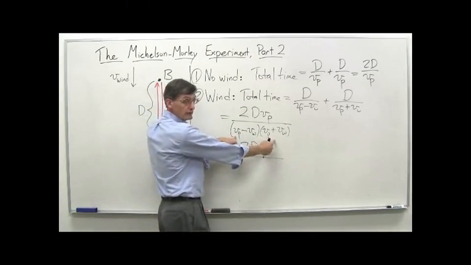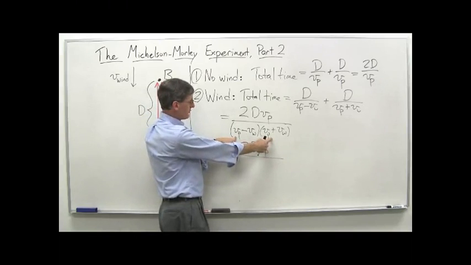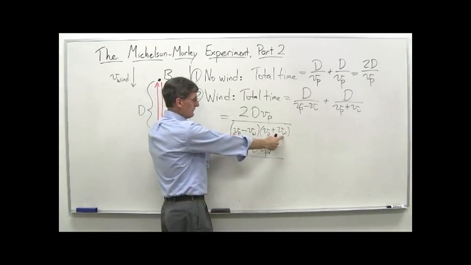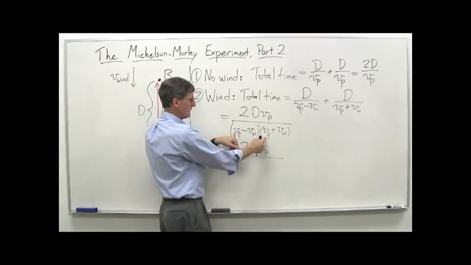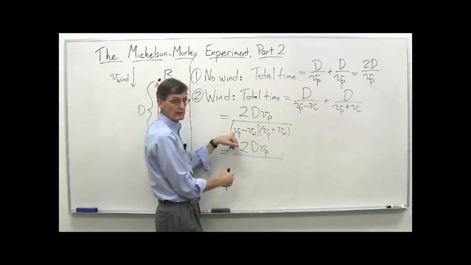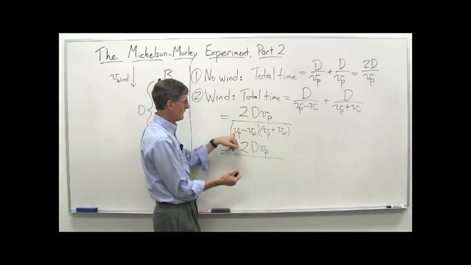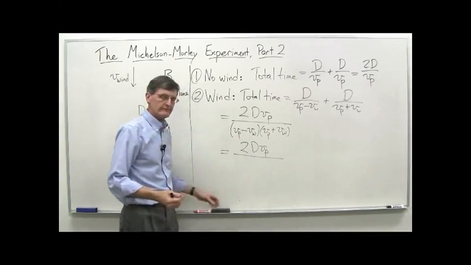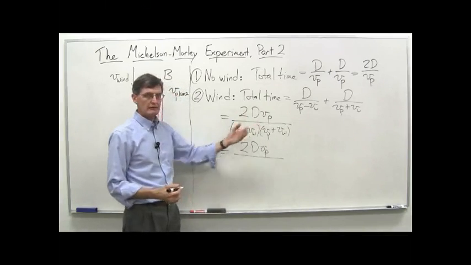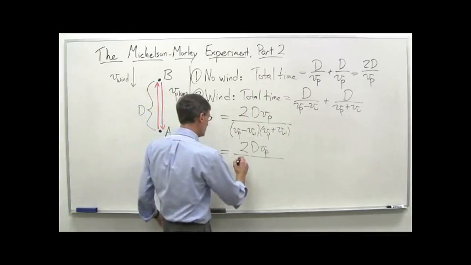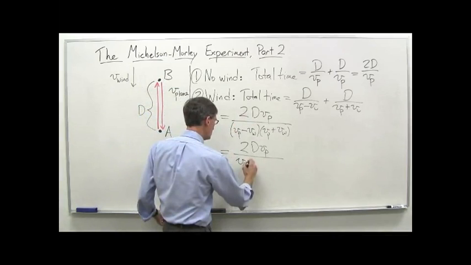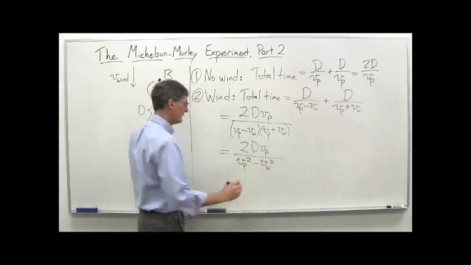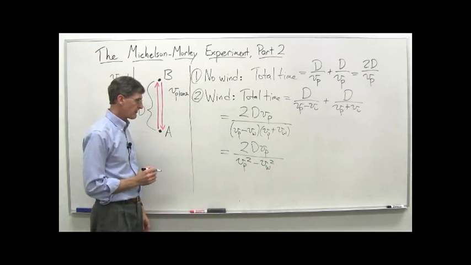I've got a Vp squared, Vp times Vp is Vp squared, minus Vw Vp plus Vw Vp. So those terms will cancel out. Minus Vw Vp here, and I've got a Vp times Vw plus Vw times Vp, and then minus Vw squared. If you've done algebra recently, you recognize immediately what we're going to get here, and that is this. Vp squared minus Vw squared on the bottom there.